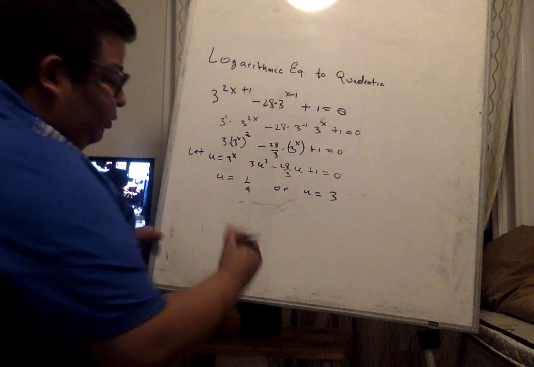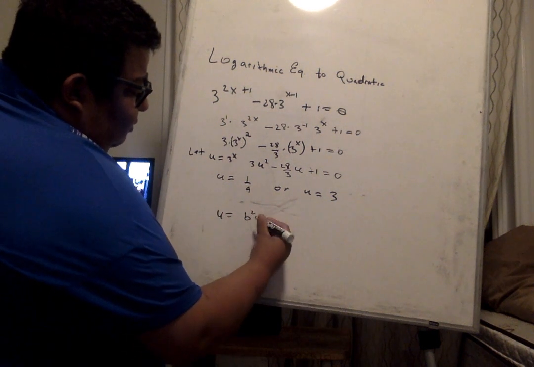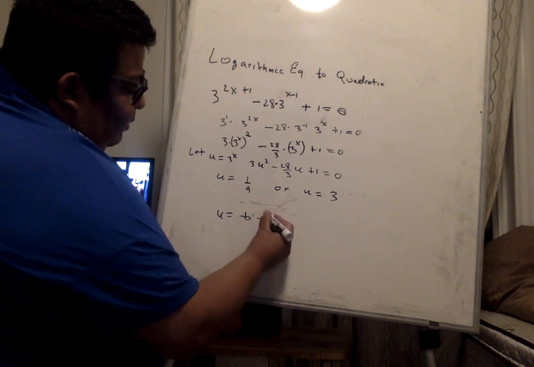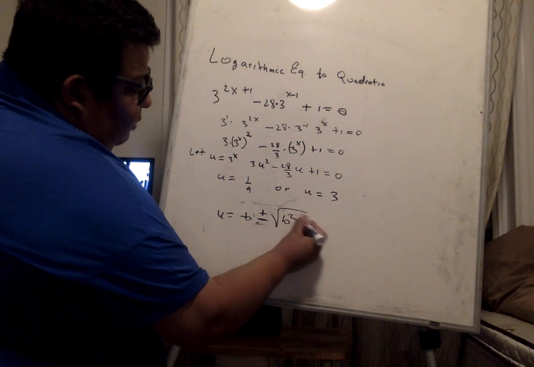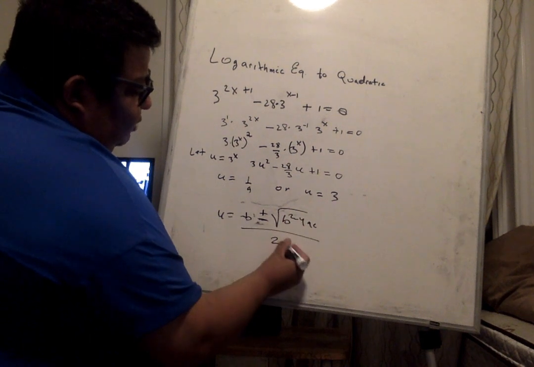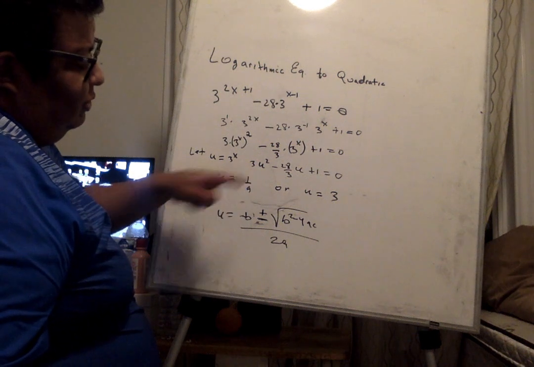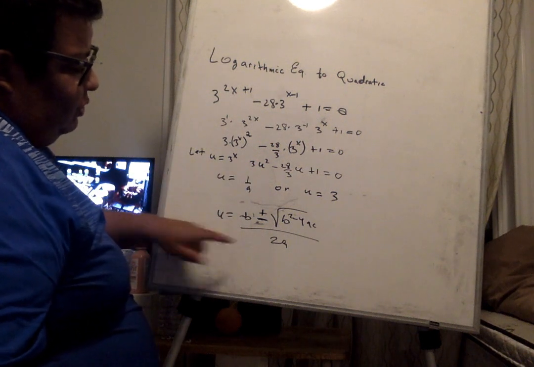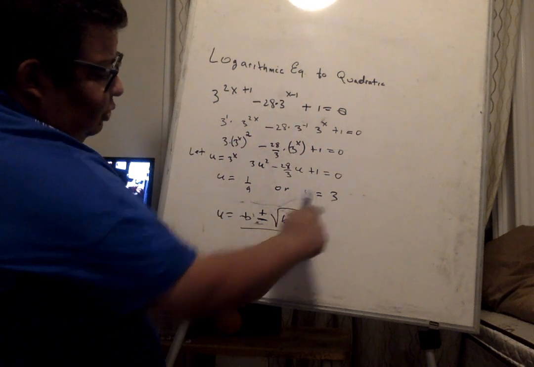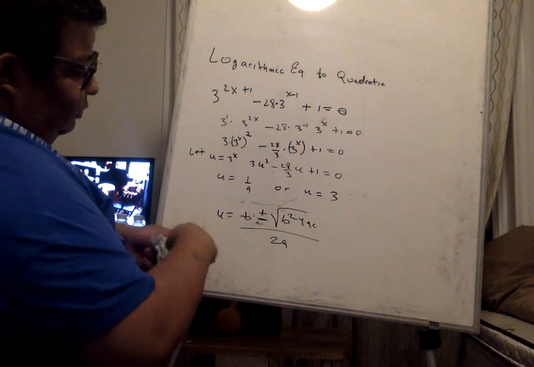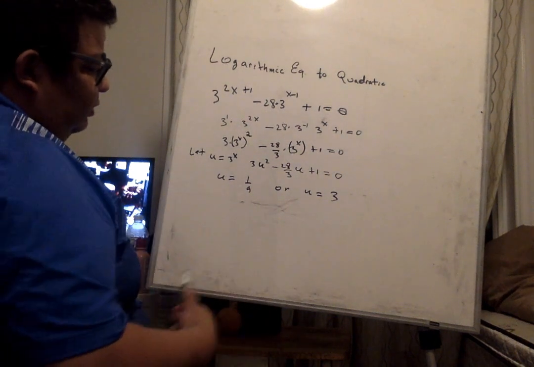If you remember, the quadratic formula is u equals negative b plus or minus the square root of b squared minus 4ac, all over 2a. The reason I would use this formula is because we have coefficients that make it look hard, so this will make it easy. If I use this formula, I get u equals 1 over 9 and u equals 3. I'm not going to show the details of this because that's not important for this problem. It is important, but not as important as the following step.